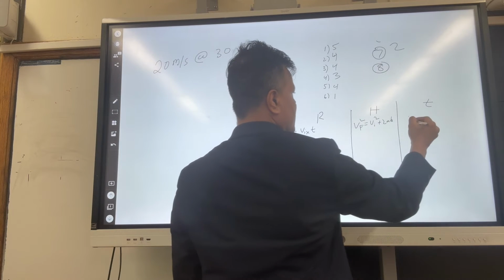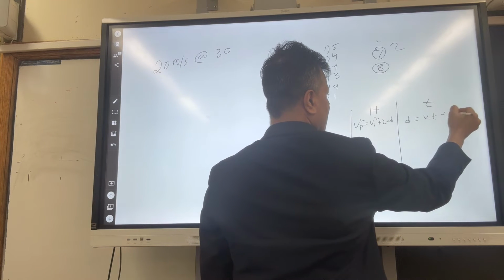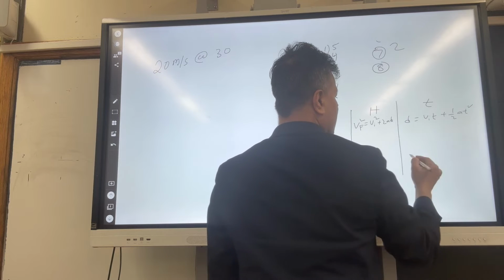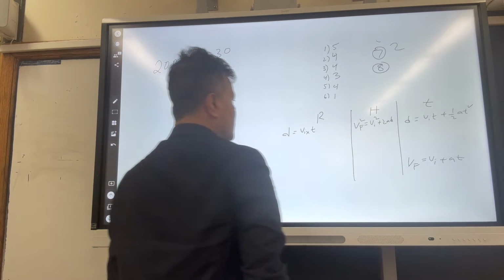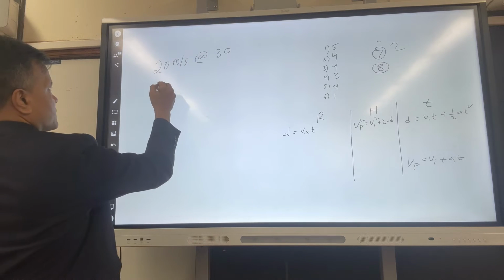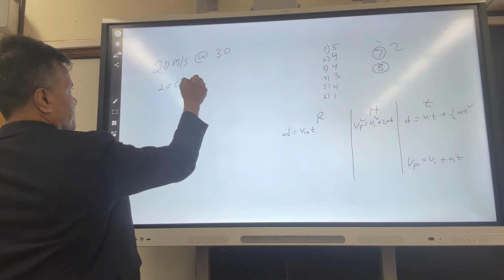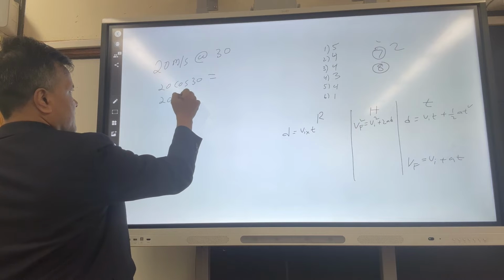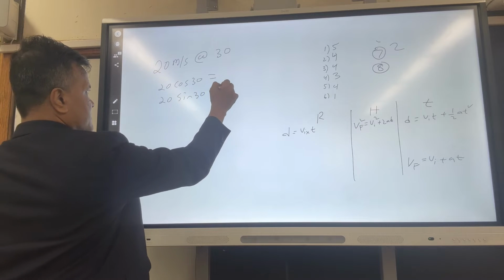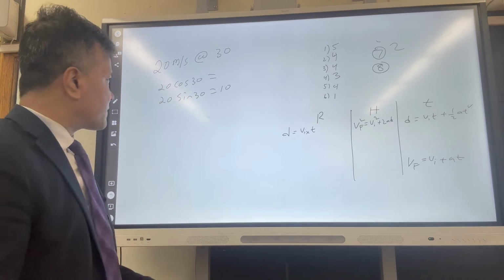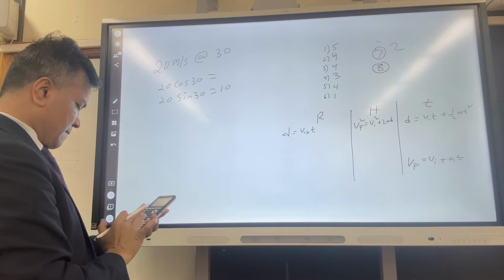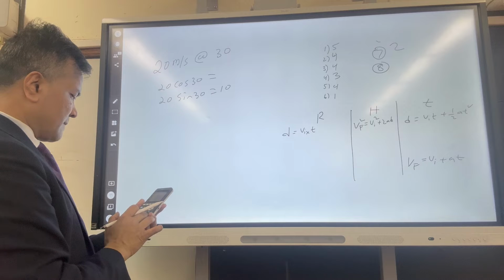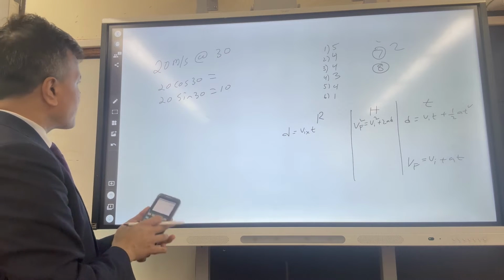The time is d equal to vi t plus half a t squared, and vf is equal to vi plus at. Pretty easy. So 20 cosine theta and 20 sine theta. This is 10, and 20 cosine 30 is 17.3.